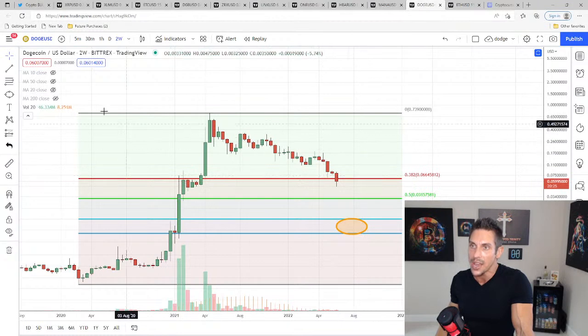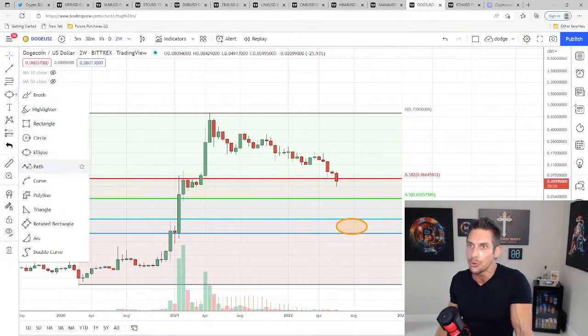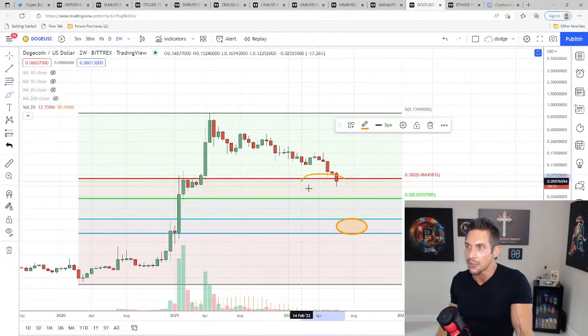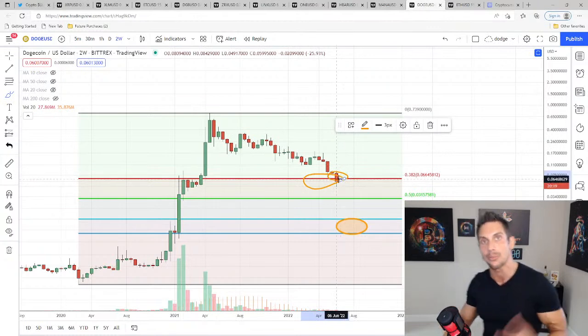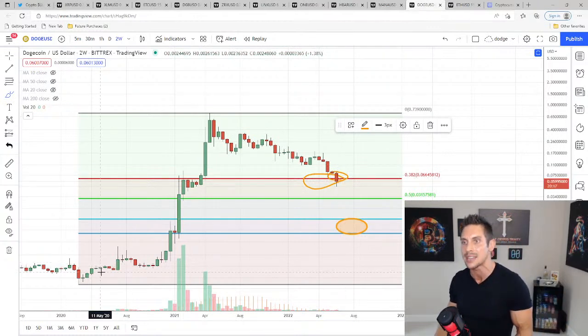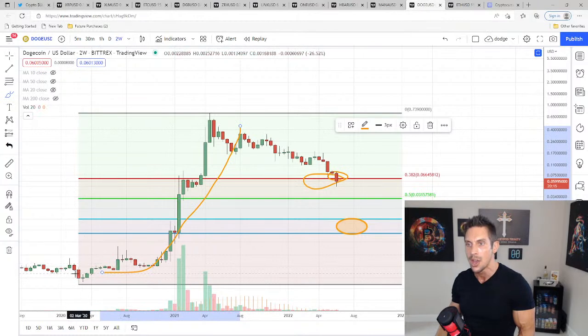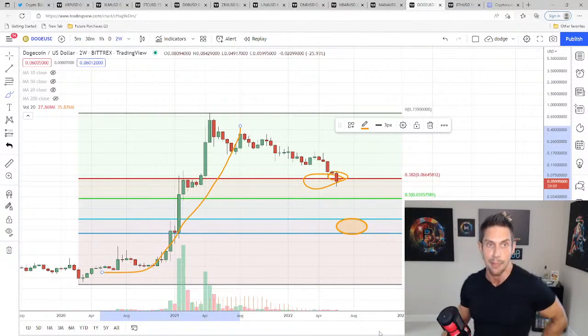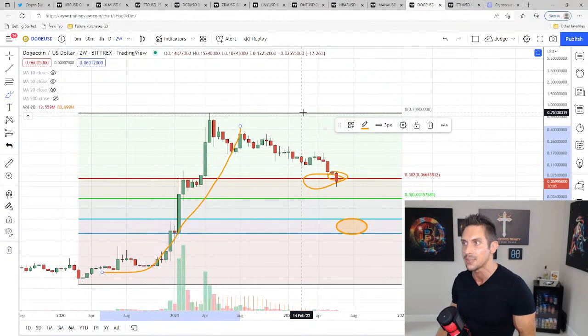But anyway, Doge, you can see we hit this 0.382 fib retracement level. This thing is experiencing a lot of strength relative to a lot of the other altcoins because it had such a parabolic run up. You can see from March 2020, we were down here at 0.134 cents, not even a penny. It was a tenth of a penny, okay? And we ran up to 74 cents.